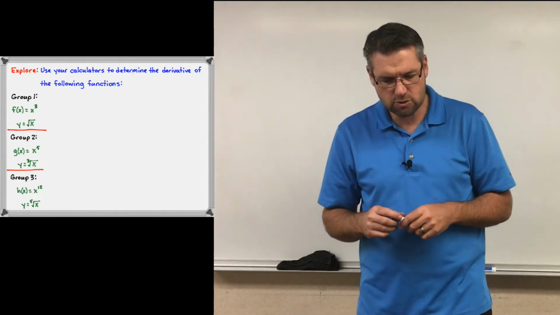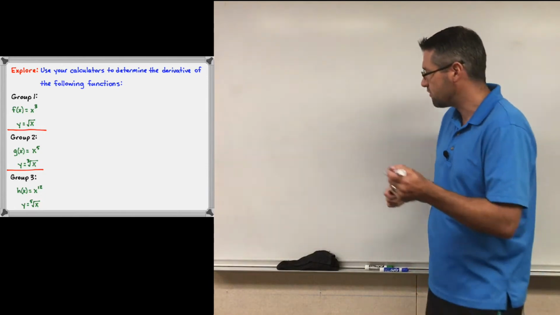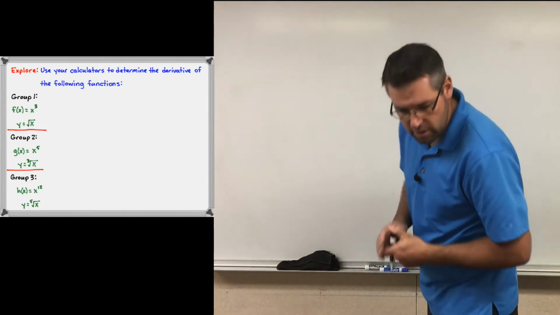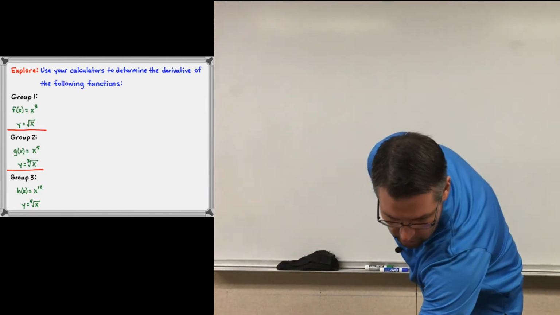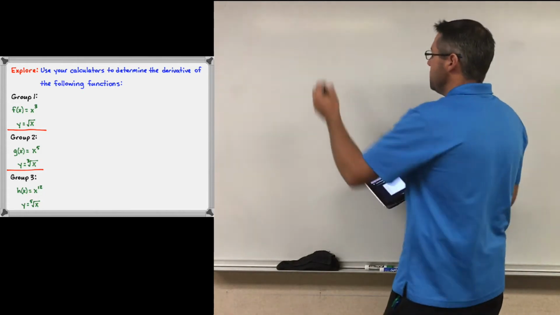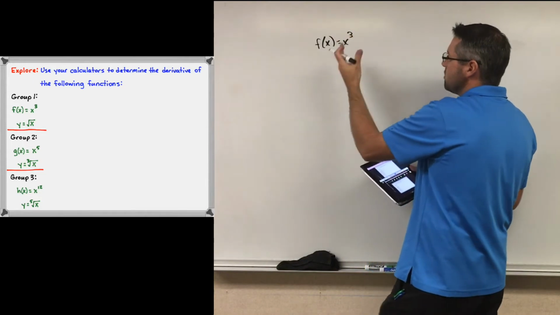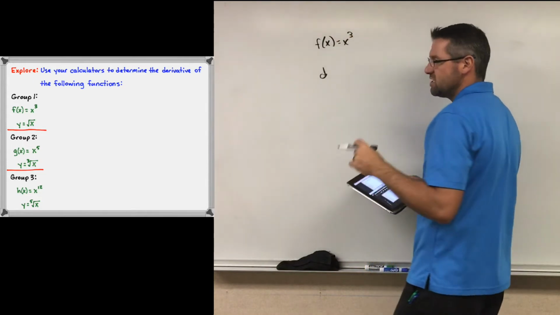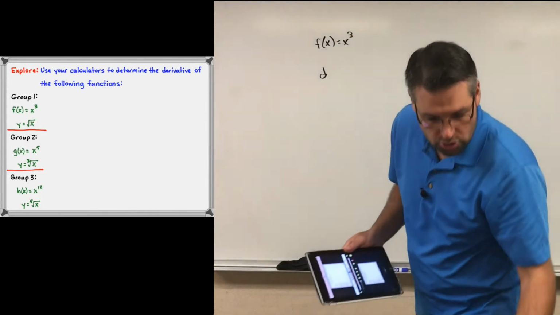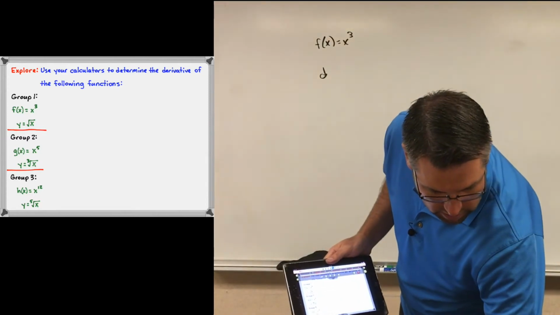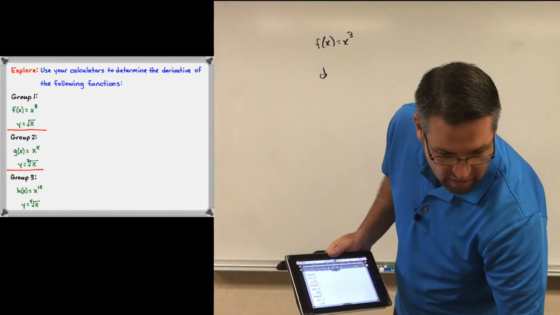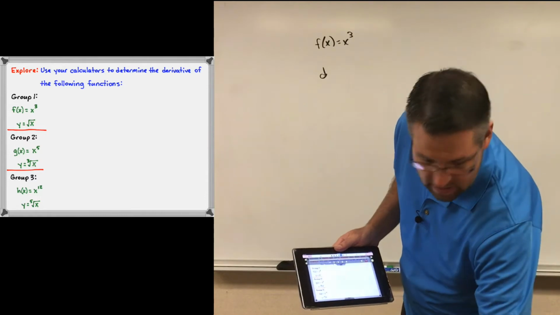So if you remember the keystrokes to find a derivative, let's just look at the first one. That says x cubed. So we have f of x equals x cubed. To type that in to get the derivative function, you find the derivative, which is second 8, or you can also push F3 and then differentiate.